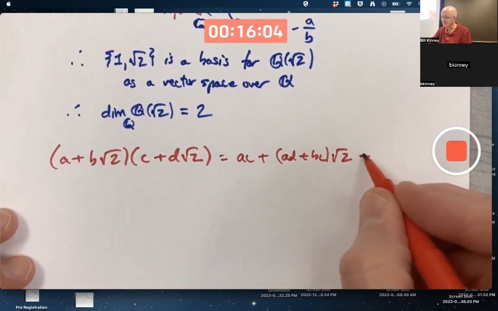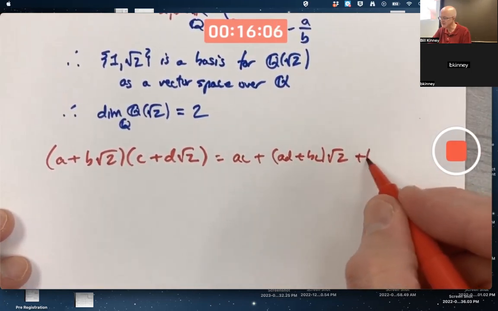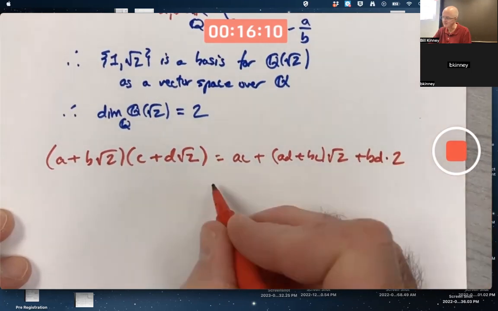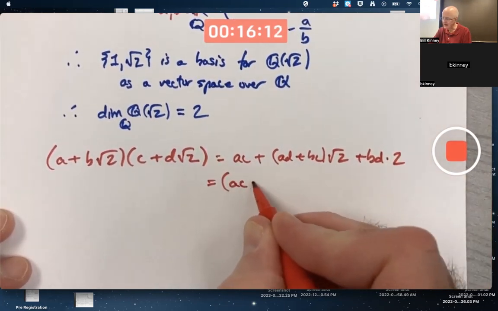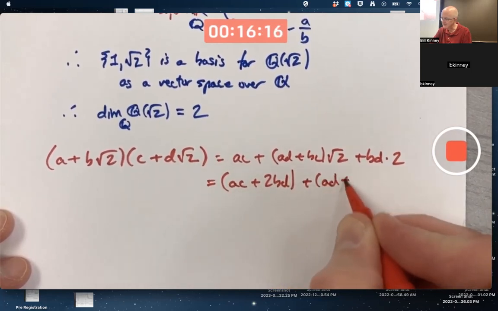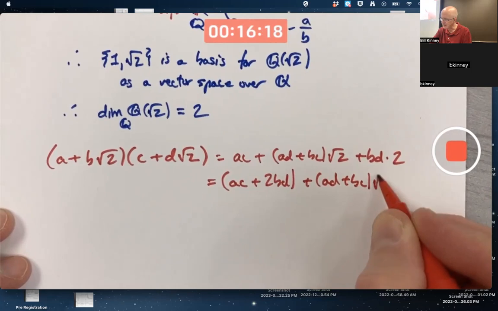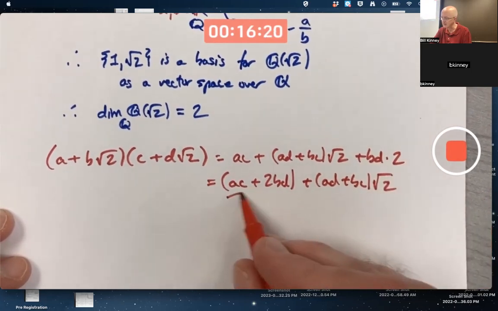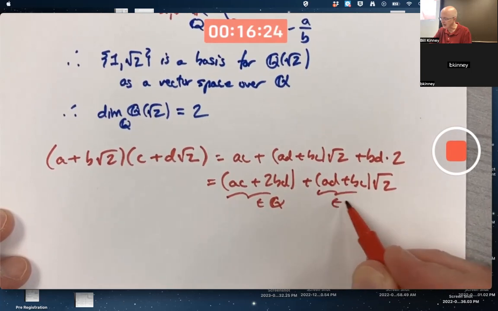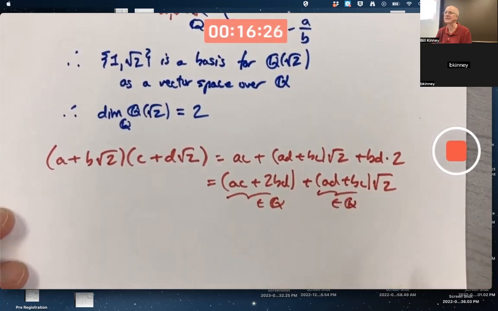And last times last is B times D times square root of 2 squared, which is 2. We do a little rearranging, and we see that this product can be written in the form some rational number plus another rational number times square root of 2. It's in the right form. It's still in the field. This is verifying closure under multiplication.